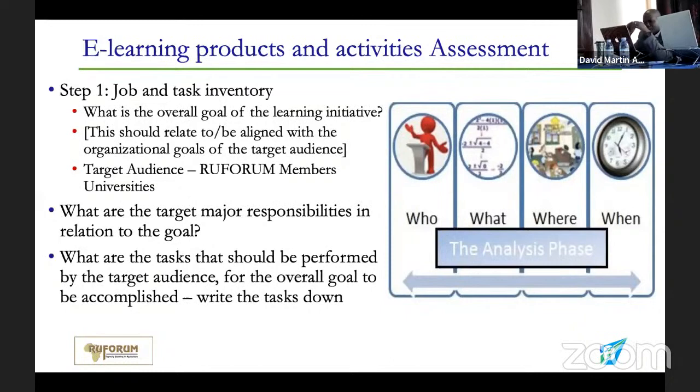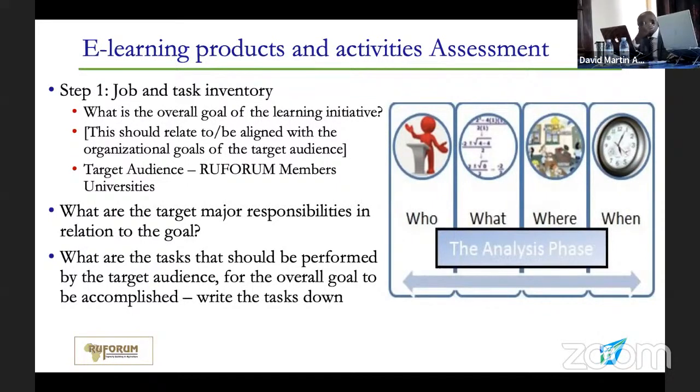What are those tasks that I am supposed to perform, or that are supposed to be performed by the target audience? And therefore, I need to be there to know whether they're actually doing those tasks, all intended for us to achieve the goal we set out to achieve.